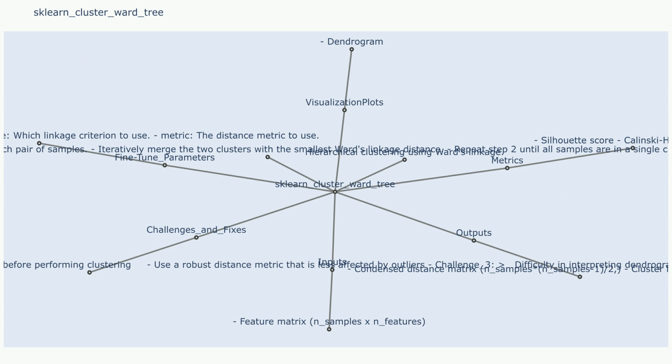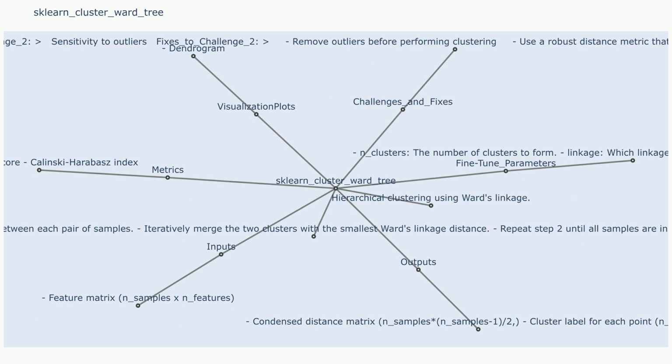The algorithm then merges the two closest clusters based on the calculated distance. The merging process creates a new, larger cluster. Iteration. The process of distance calculation and cluster merging continues until all data points are grouped into a single cluster, forming the root of the dendrogram.